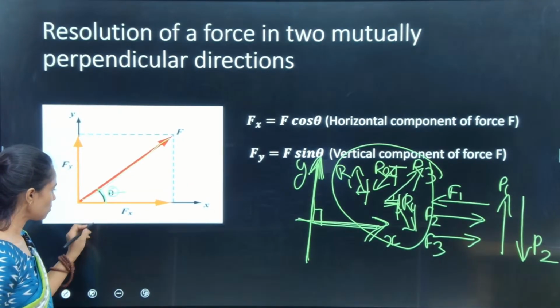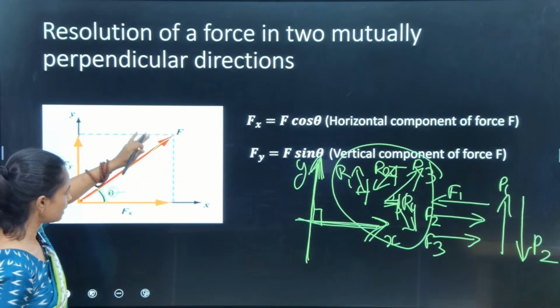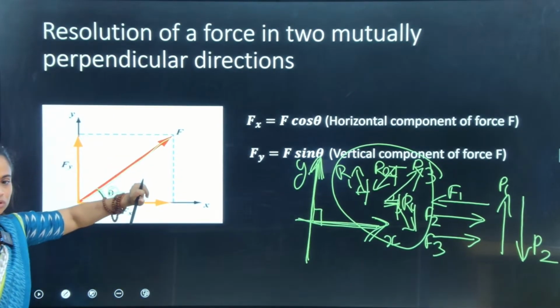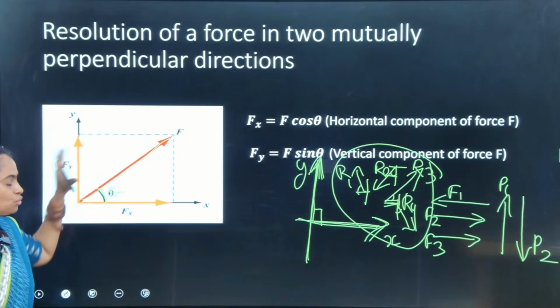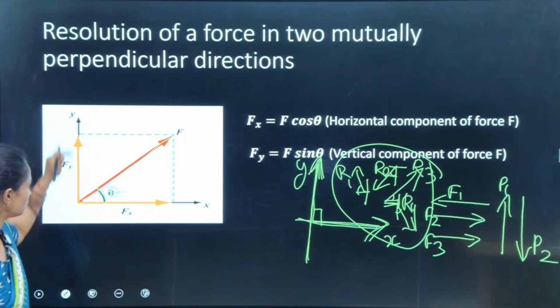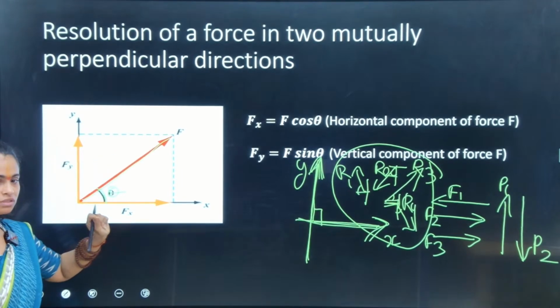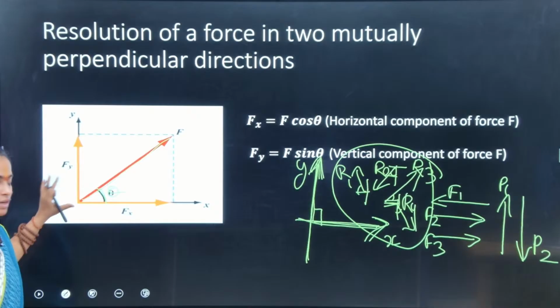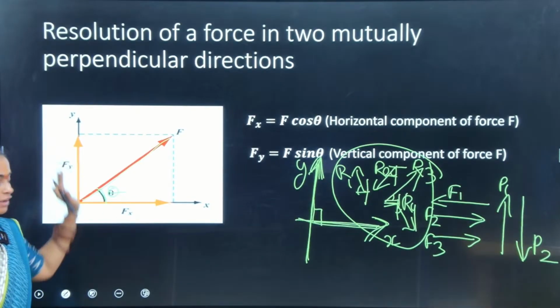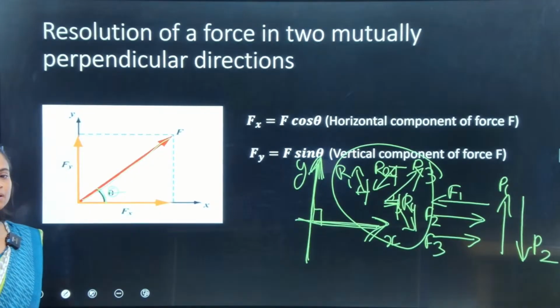This is my force F, which is inclined at an angle theta with the horizontal or the x-axis. When I have to replace this force by two different forces which act along the x and y axes, I can remove this force and show the components of it as Fx and Fy. Fx refers to the horizontal component of the force, Fy refers to the vertical component.